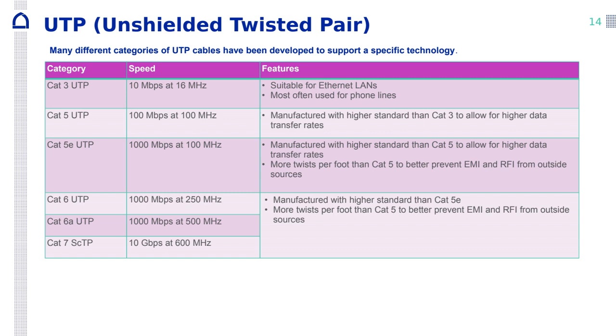Cat5 is the one you see in front of you. This can reach up to 10 megabits per second, or 100 megabits per second at 100 megahertz, and allows for higher data transfer rates. Cat5e is manufactured to a higher standard and can reach 1 gig. It has more twists per foot to better prevent EMI and RFI from outside sources. All right? Any questions?